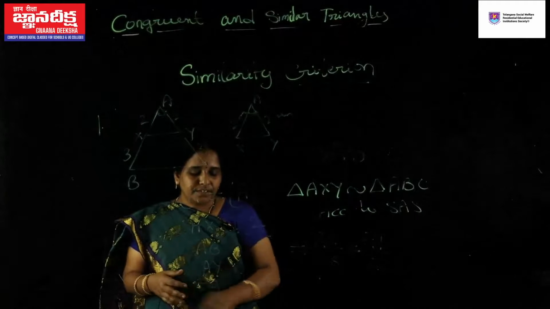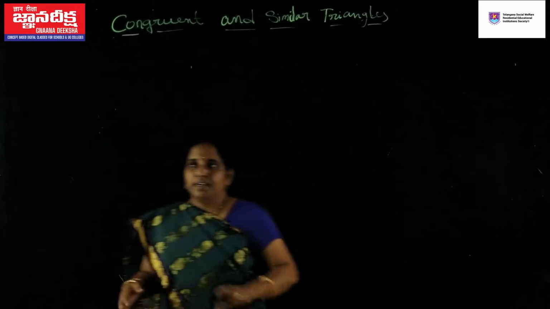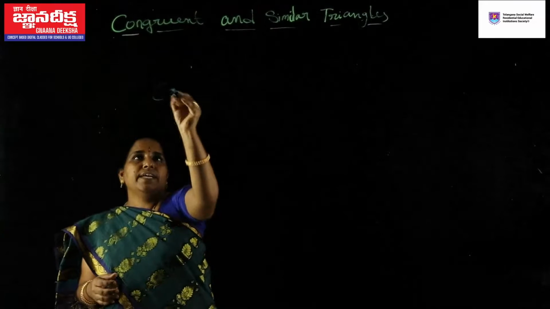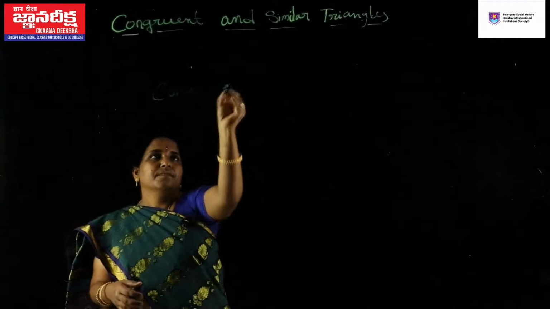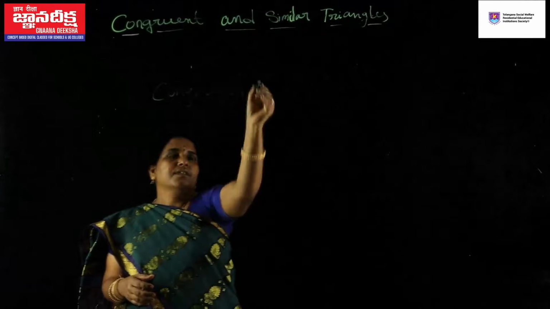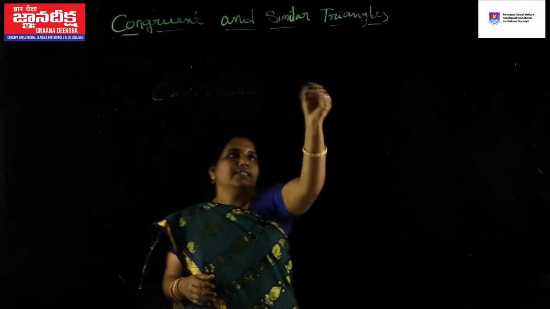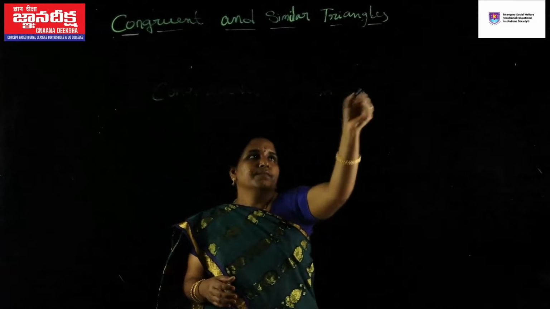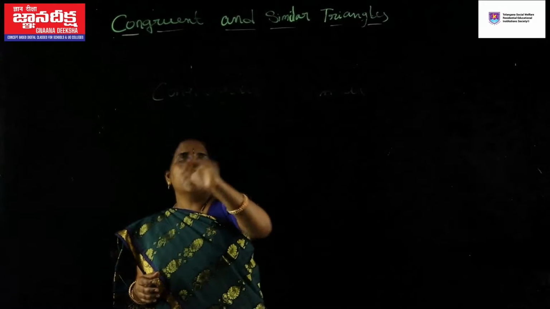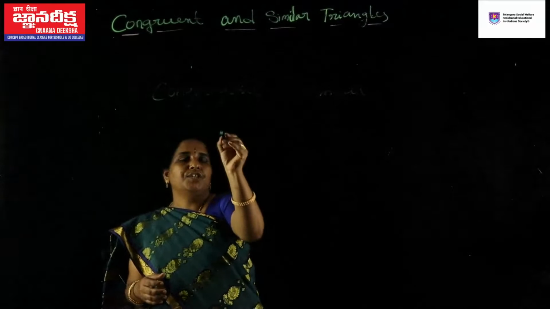One last question, children. Finally, let us compare congruent and similar objects. So here in congruent and similarity, one point is common, that is they are of the same shape.